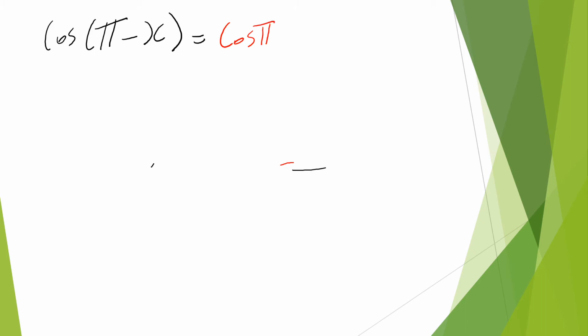For example, you could have something like cosine of pi minus x. You can apply the compound angle identity, and it's useful because cosine pi is a value, so you can simplify the terms. Cosine of pi minus x is the same as cosine pi cosine x plus sine pi sine x.